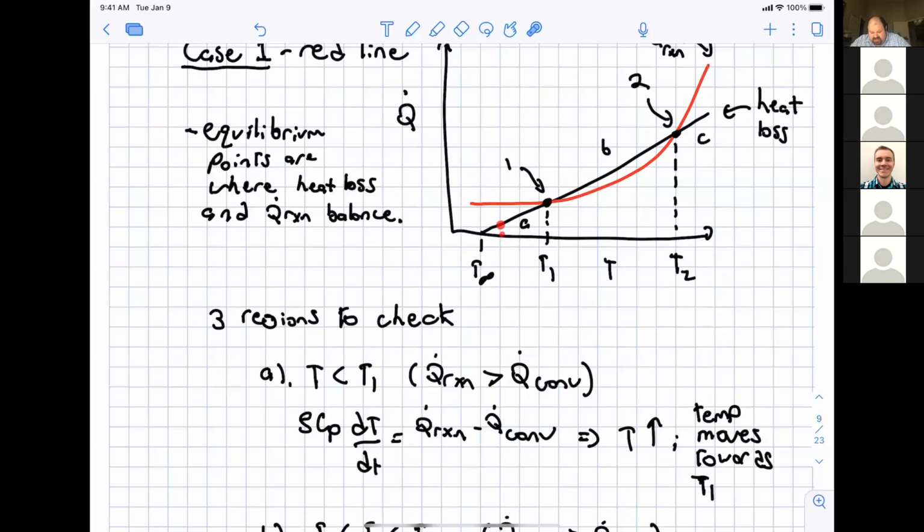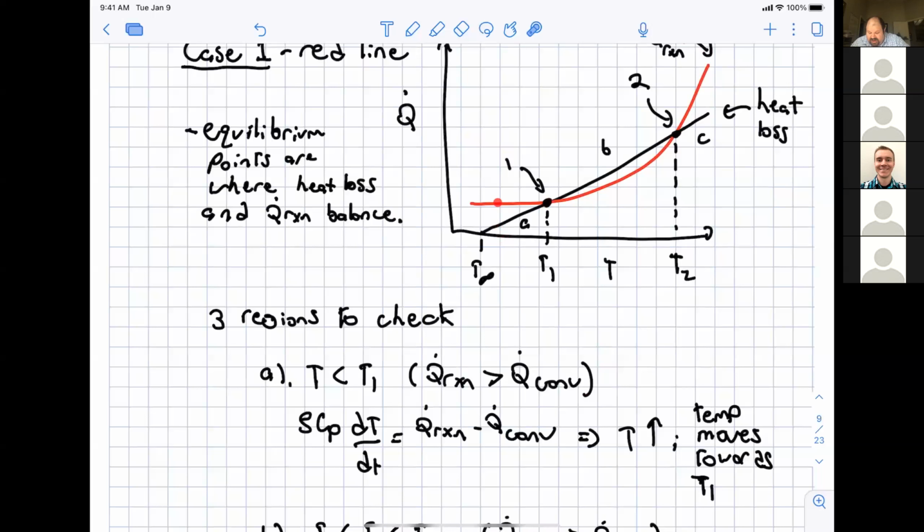Okay, so say our temperature is over here of our system. Well, if we look at the curve here, the heat gain due to chemical reaction is larger than the heat loss due to convection. So basically what's going to happen is you have a higher amount of heat generated inside than you do heat loss through the walls.